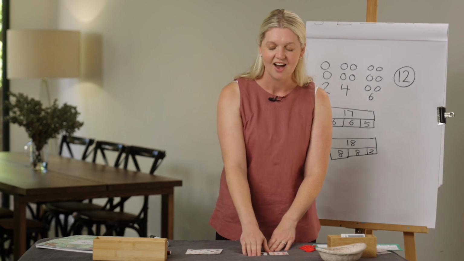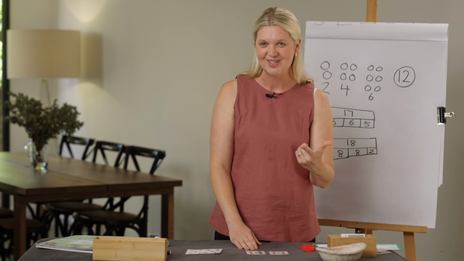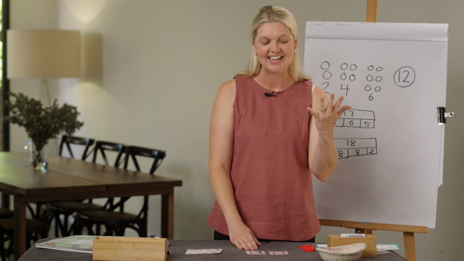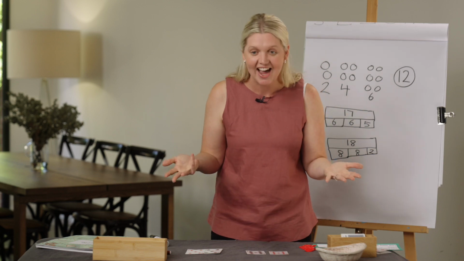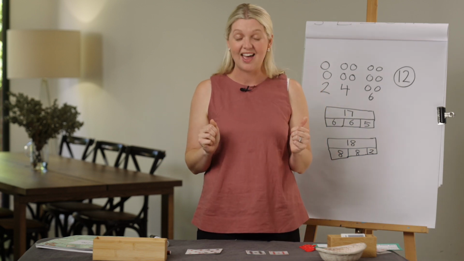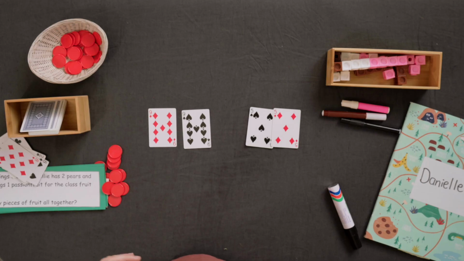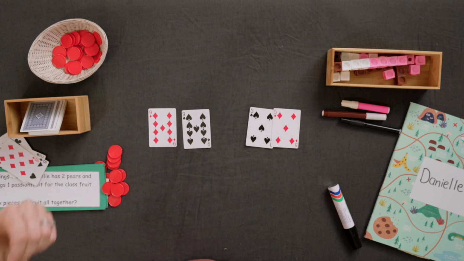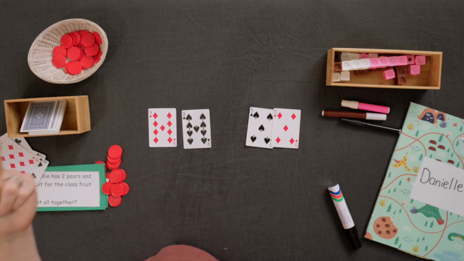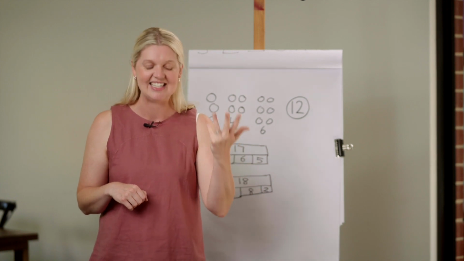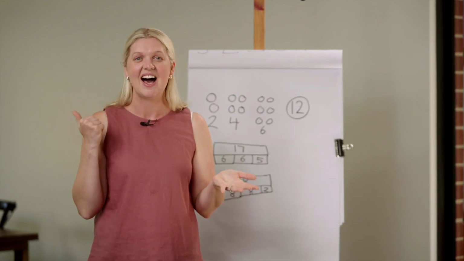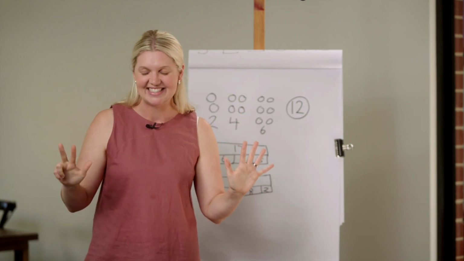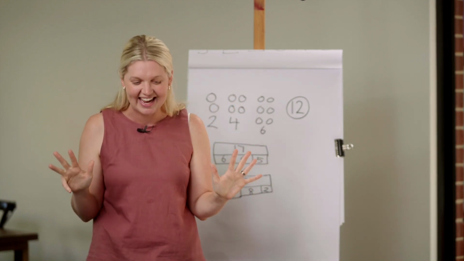10 and 9: 10, 11, 12, 13, 14, 15, 16, 17, 18, 19. Now we have to add another 9. Let's count on 20, 21, 22, 23, 24, count with me, 25, 26, 27, 28.